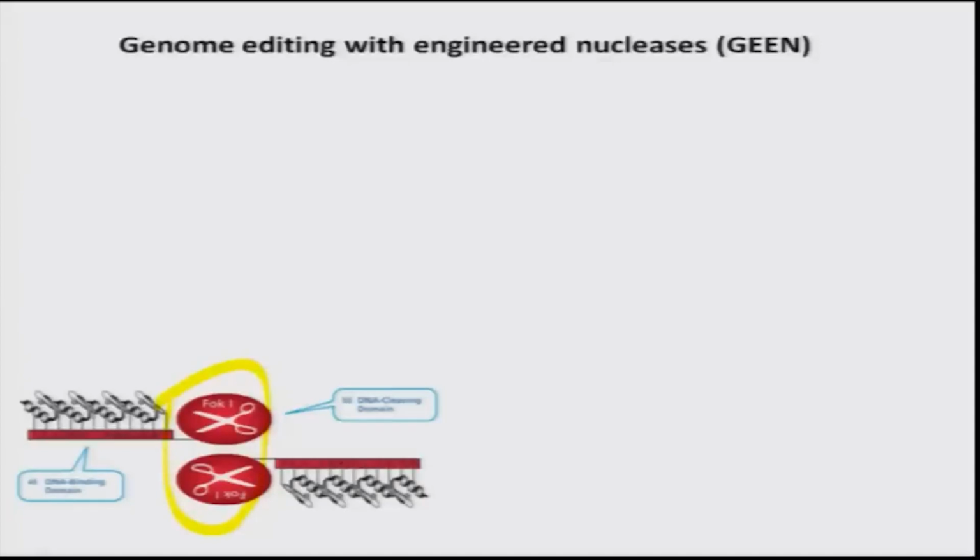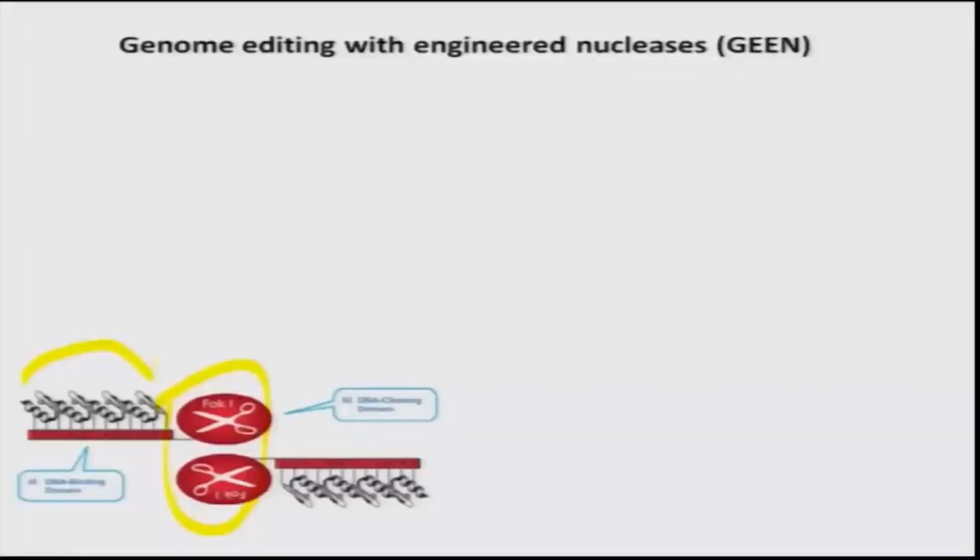But a restriction enzyme has two domains. One is the nuclease domain, which helps the enzyme cut the DNA. Then you have the other domain which gives the specificity as to where the enzyme should go and cut. Like as you have seen, restriction enzymes have unique recognition sites. A given site sequence is identified by an enzyme and it goes and cuts there. So, here too it is the same principle.